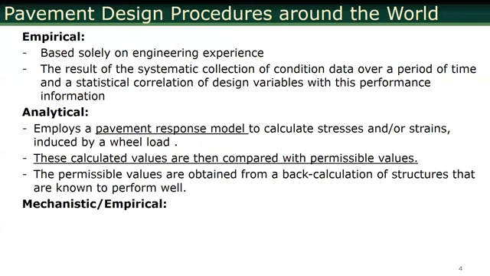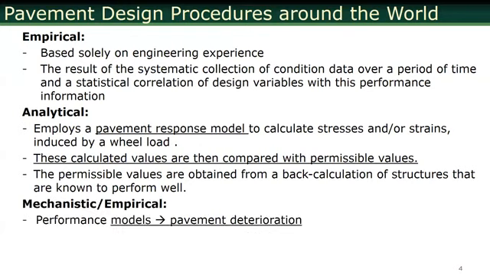Now, mechanistic empirical approaches include mechanistic and empirical. So it kind of combines both of them, analytical and empirical approaches. So there are performance models, just like one of the performance models is this analytical model. And there are others out there also. And pavement deterioration with time is essentially predicted.